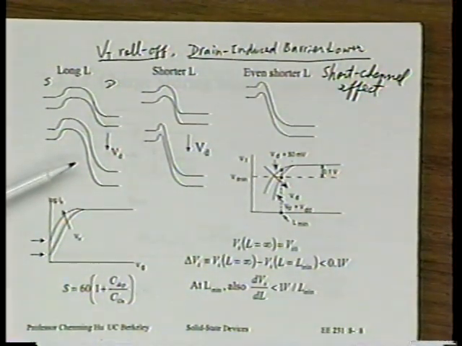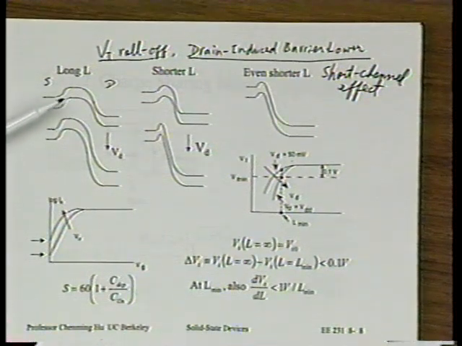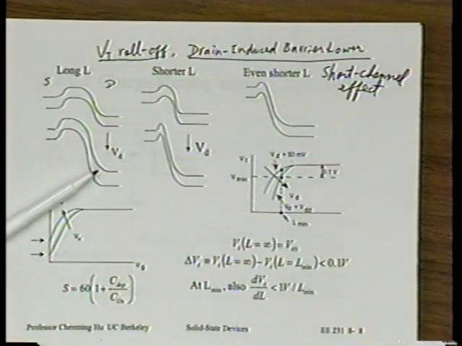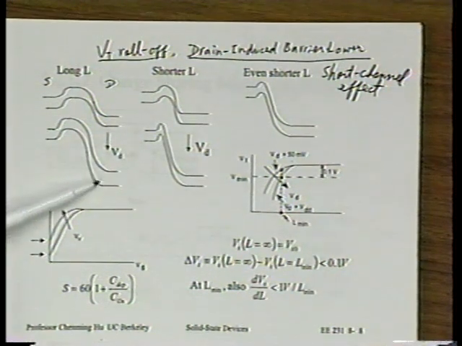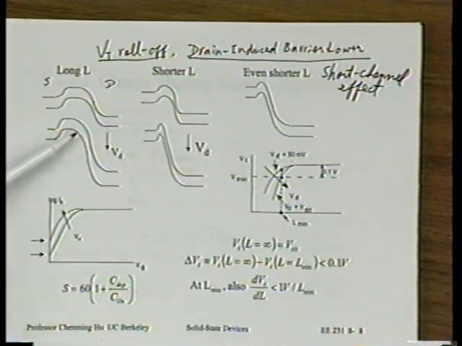If we need to apply a certain voltage to reduce this barrier, that voltage required is called VT. Now this barrier is not affected by VD. If we apply a VD, we just have a large depletion region between the drain and the channel.